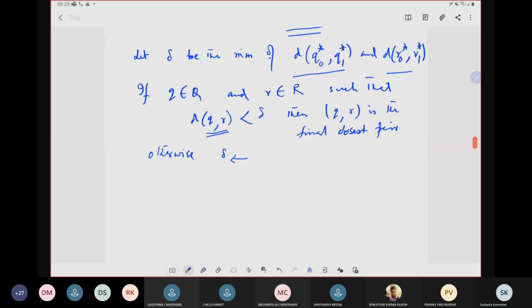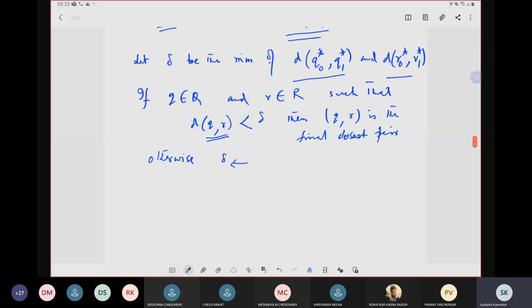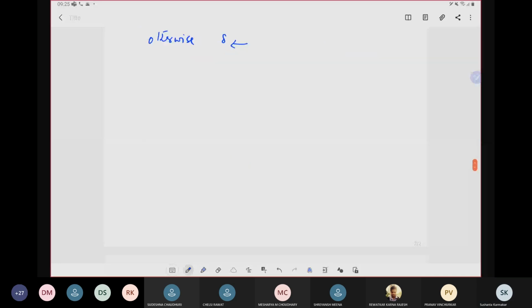Now think about this division. This is an interesting thing to understand.